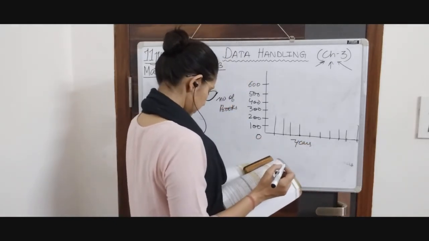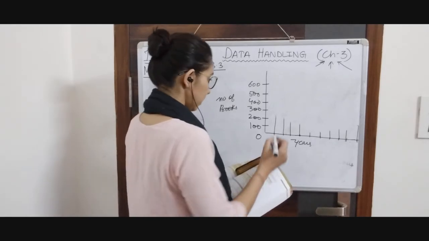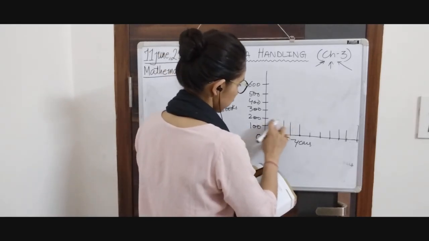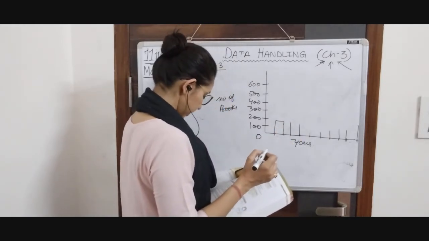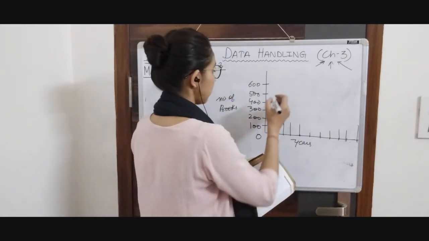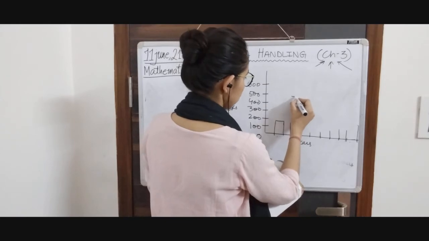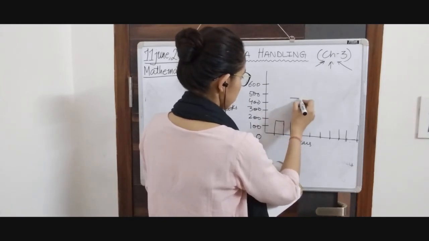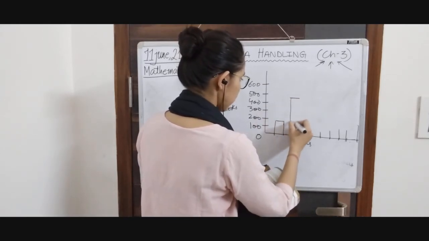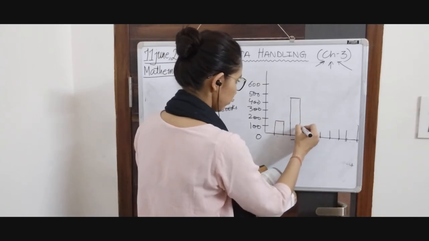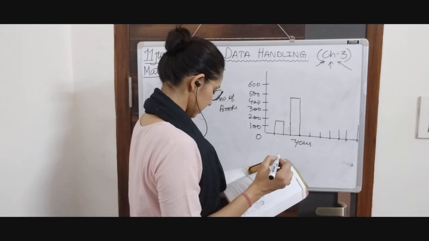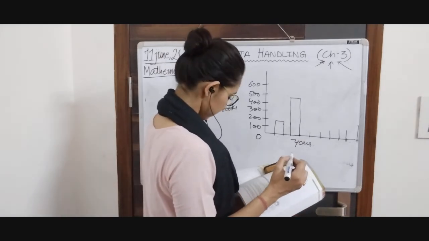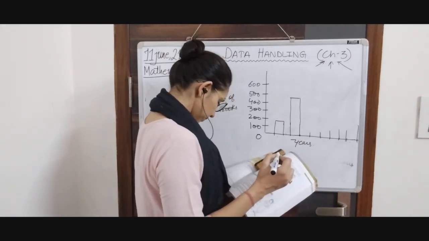First 1989, it is around this much. Then we have 1990, it is around this. We are using the word around because we are not sure what is the exact number.